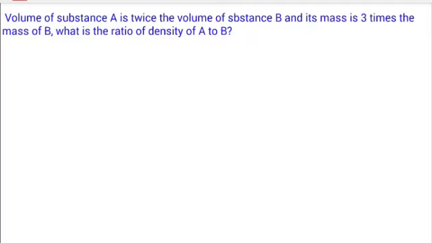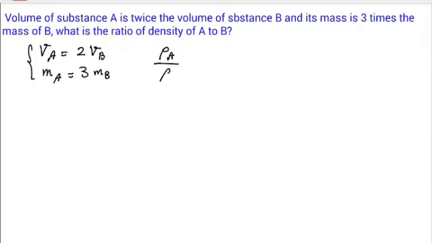The question is asking us to find the ratio of rho of A to rho of B. So, we know that V of A is twice the V of B. And M of A, it means the mass of substance A, is equal to 3 times the mass of B. So we have these two terms, and the question is asking us to find the ratio of densities. It means rho of A over rho of B.